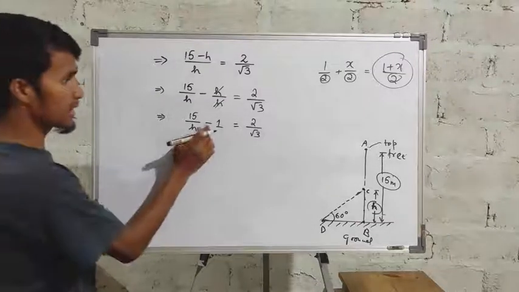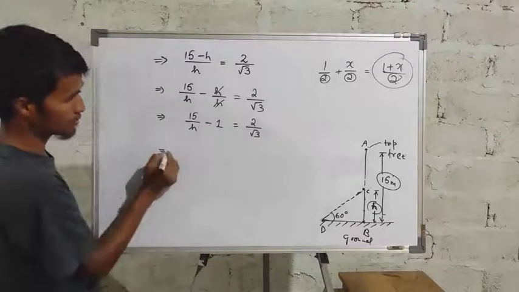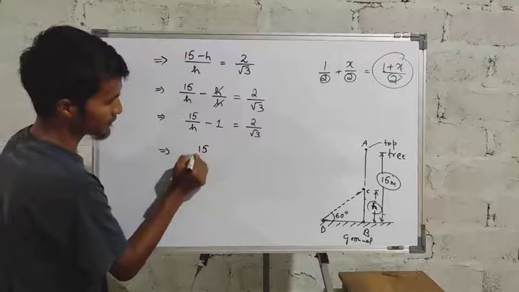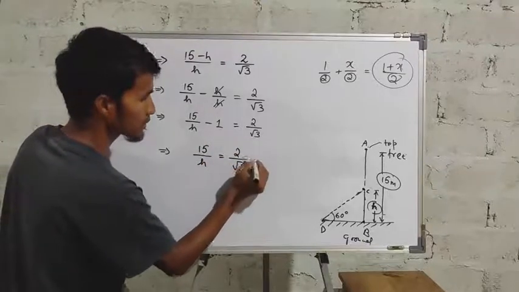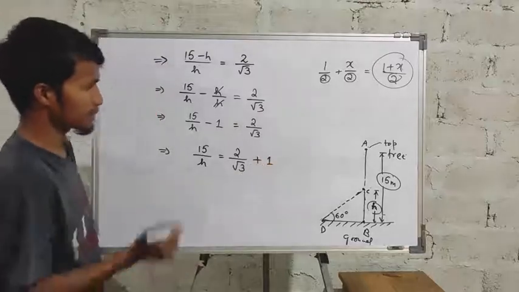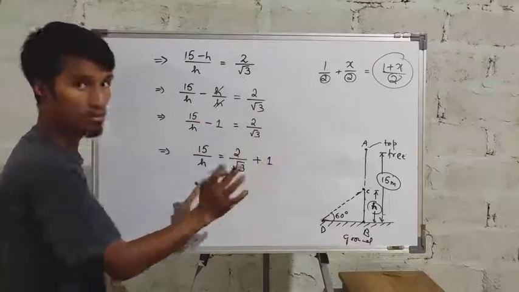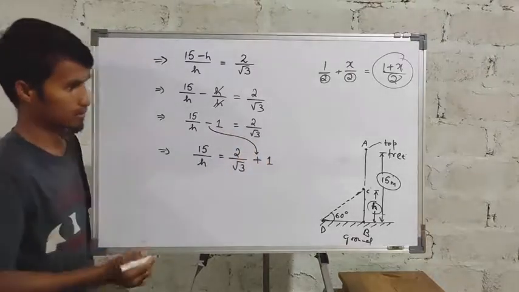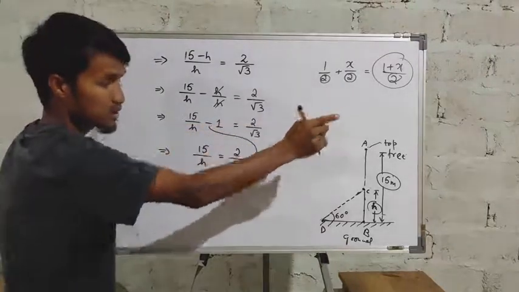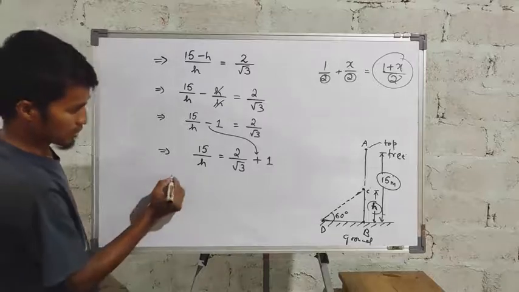Now this minus we take to that side, changing to plus. Then 15 by h is equal to 2 by root 3 plus 1. Remember that this minus, taken to the right-hand side, will change to plus.